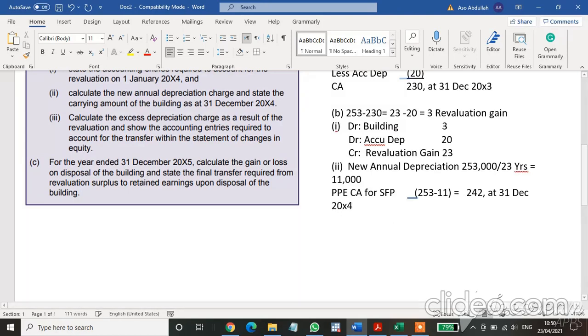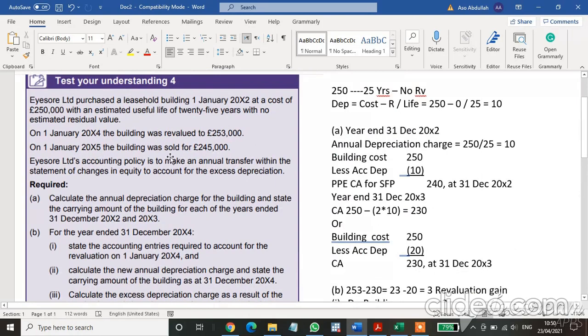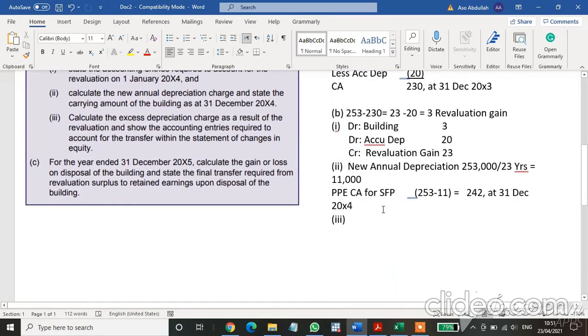Then the last part says calculate the excess depreciation charge as a result of the revaluation, shown in accounting entries. Again, because they made another revaluation for the following year, because they sold it for 245,000.